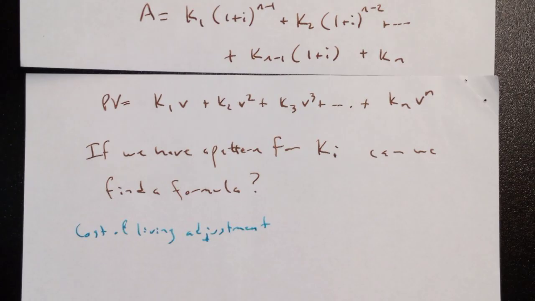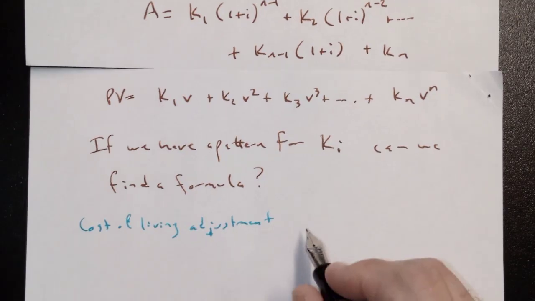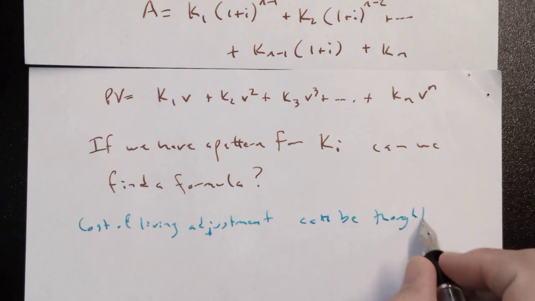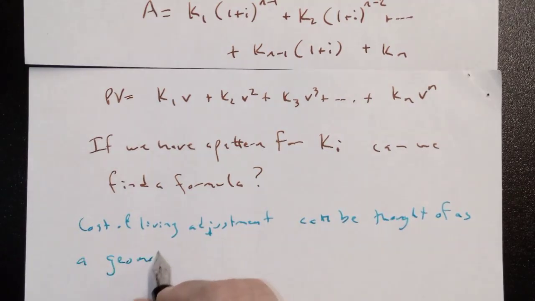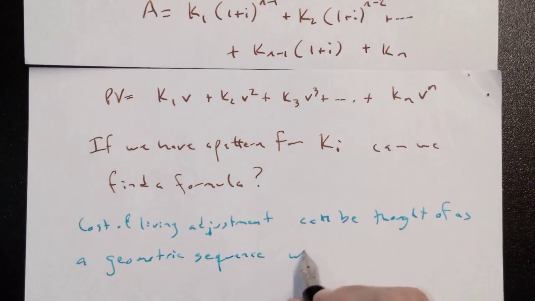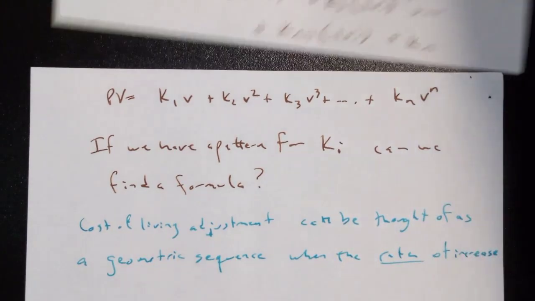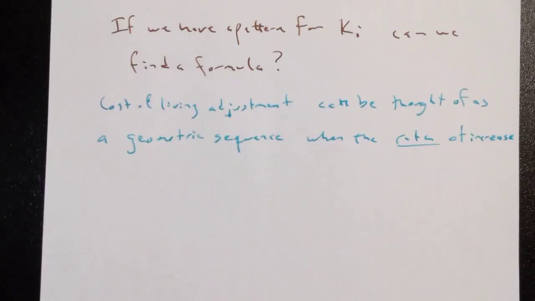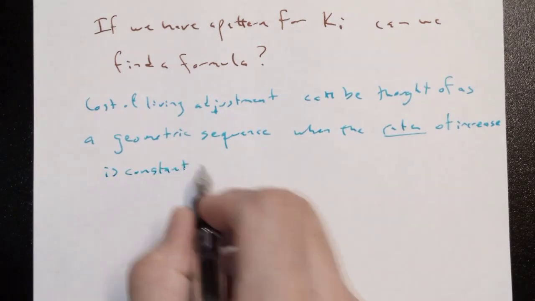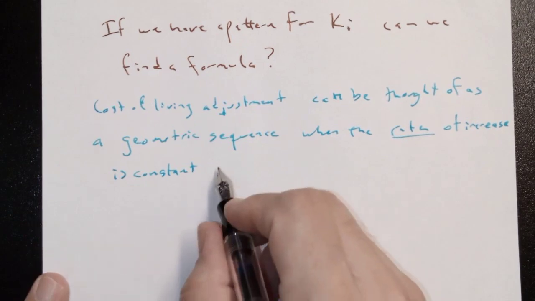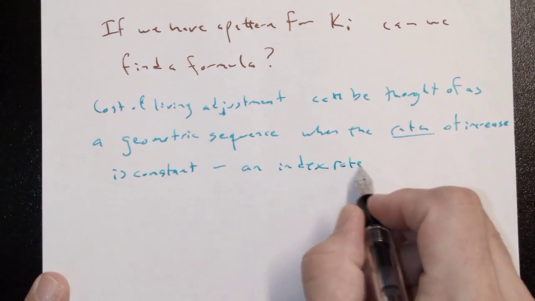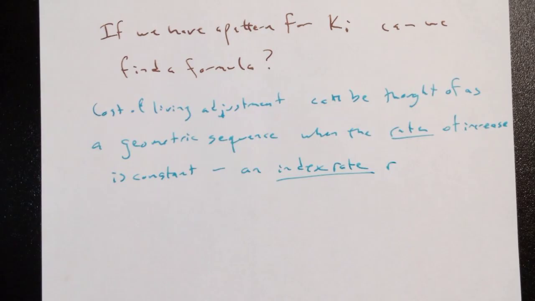The cost of living adjustment, often abbreviated COLA in the news, or inflation adjustments of some type, as long as there is a percentage that everything goes up by, this is a geometric sequence. I'm going to call that the index rate, R.